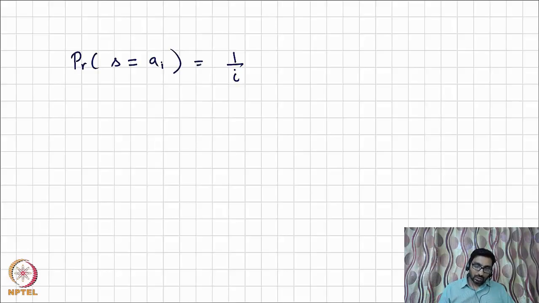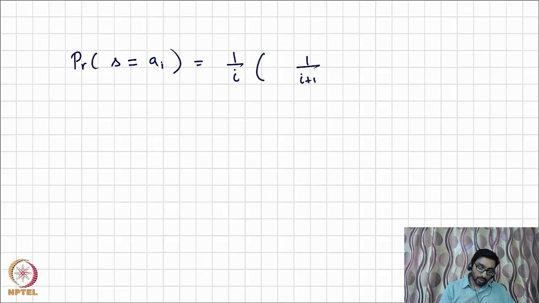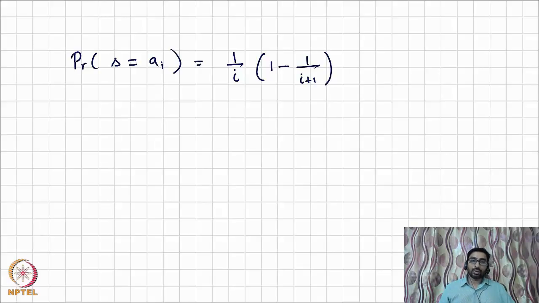So what's the probability with which the next item, the i plus 1th item, does not replace the ith item from S? It replaces the ith item with probability 1 over i plus 1, and therefore it does not replace the ith item with probability 1 minus 1 over i plus 1. And this same pattern has to continue. The i plus 2th item also should not have replaced item i.